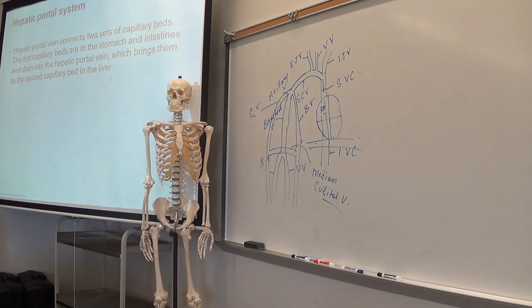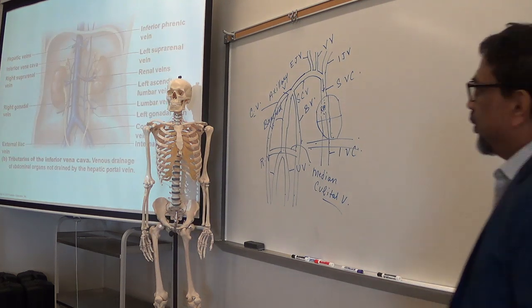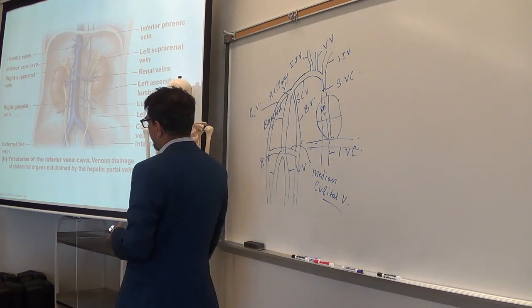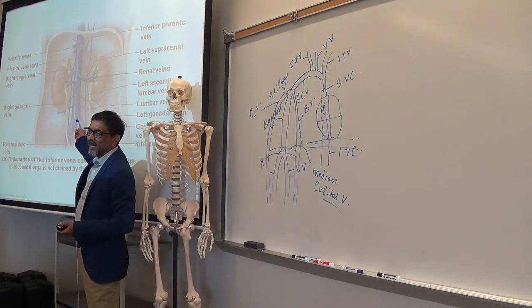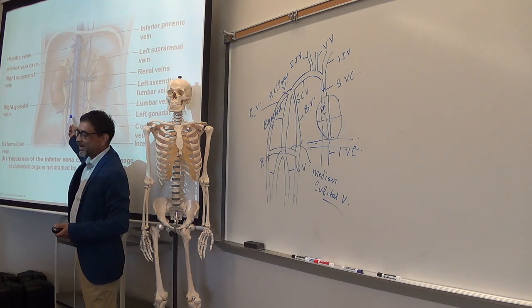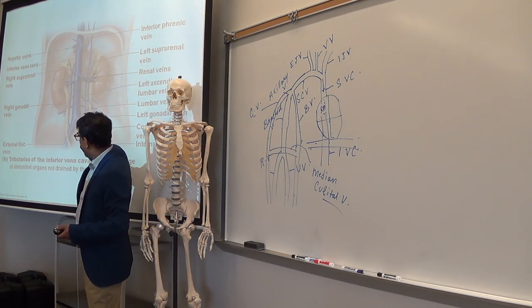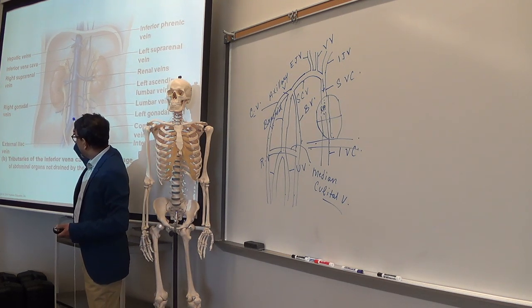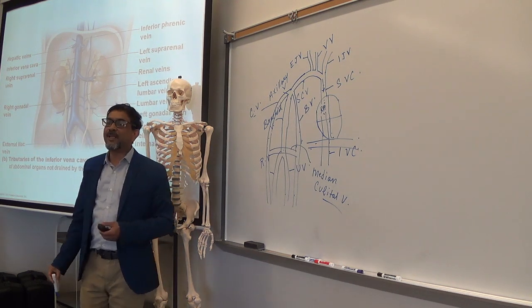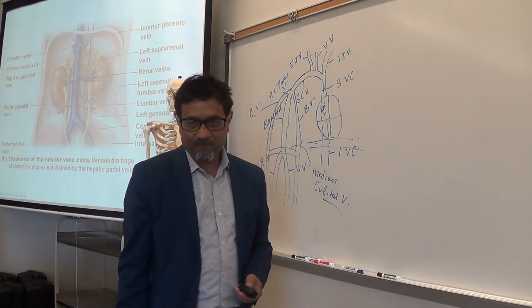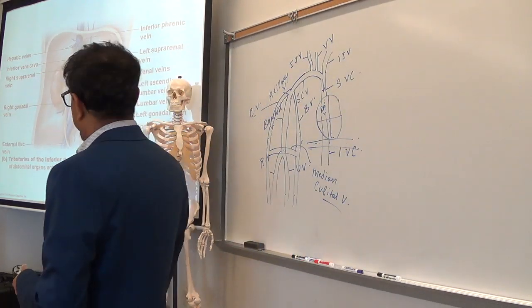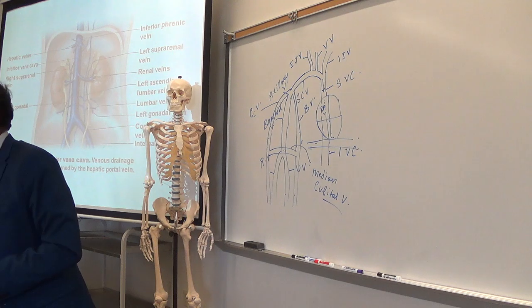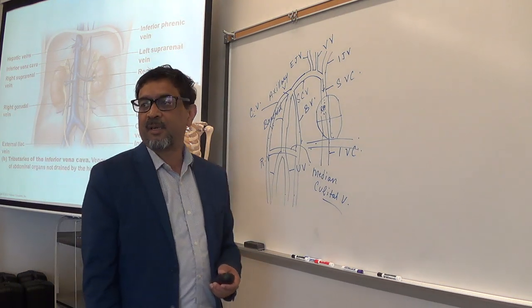Okay. Now let's go to the lower end of the inferior vena cava. It's very similar to the lower end of the aorta. So the lower end of the inferior vena cava divides into two common iliac veins. And then each common iliac divides into the external iliac vein and internal iliac vein.